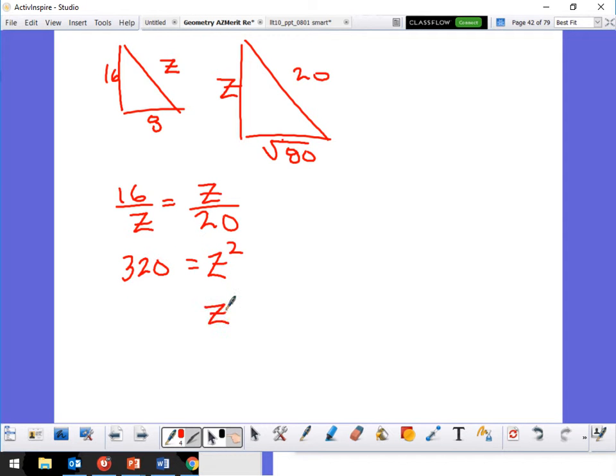Z is equal to the square root of 320, which comes out to be 17.9. There we go. Not bad, right?